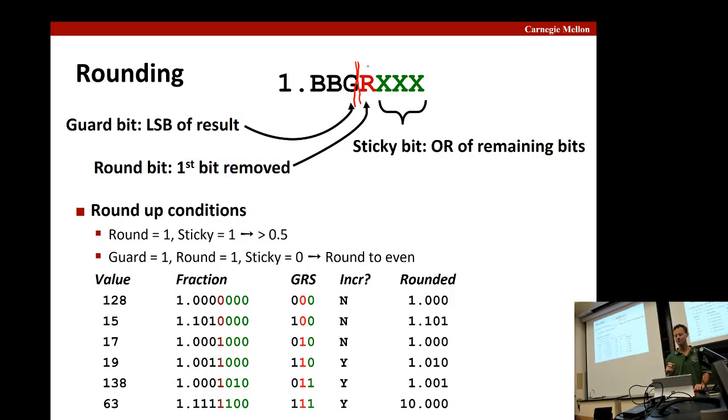If you're trying to round to the nearest eighth, in this case with three binary digits, the last digit is called the guard bit, represented as G. The first bit removed is called the round bit, and then all the other bits are the sticky bits.